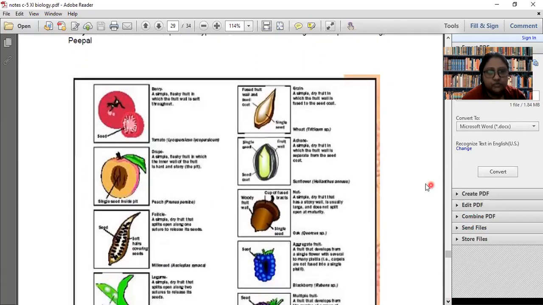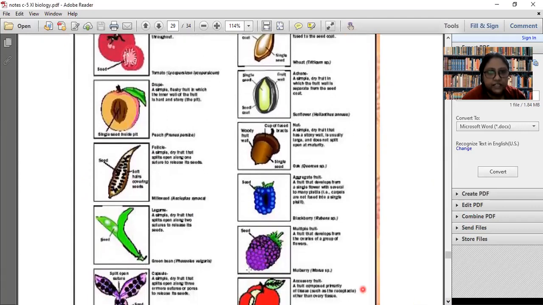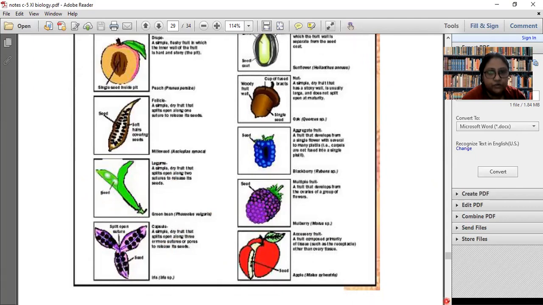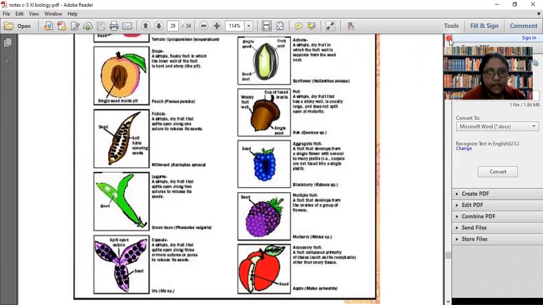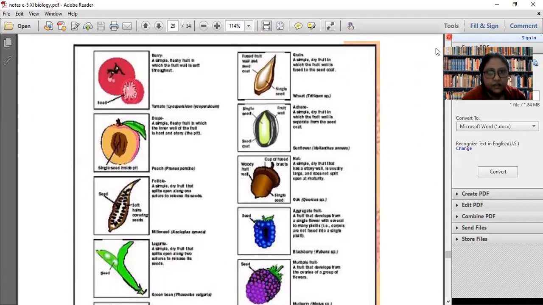I wish to show you this image. It will be more understandable. So these are drupes. These are follicles, which are types of dehiscent fruits. Then legume is there. Capsule is also a type of dehiscent fruit. And then you can have grains like rice and others.